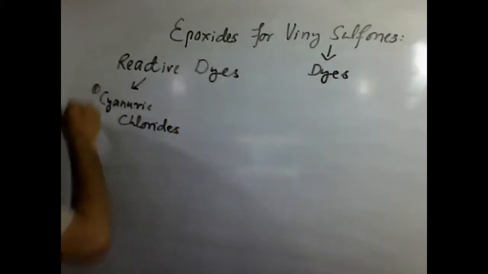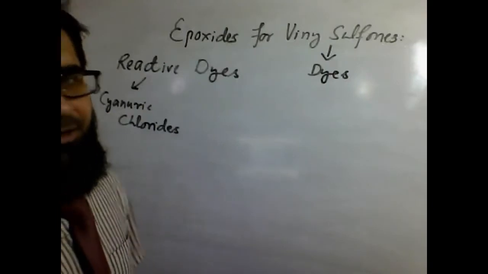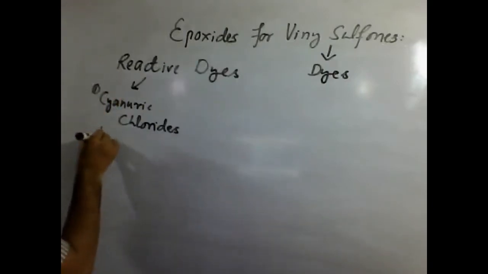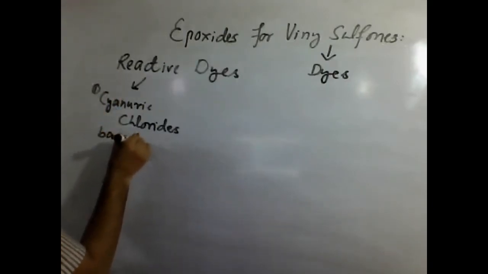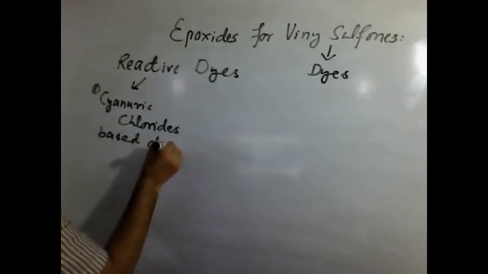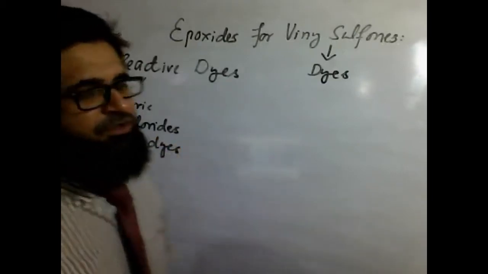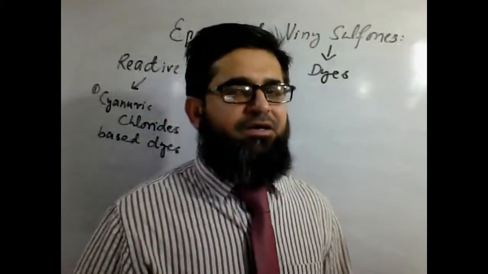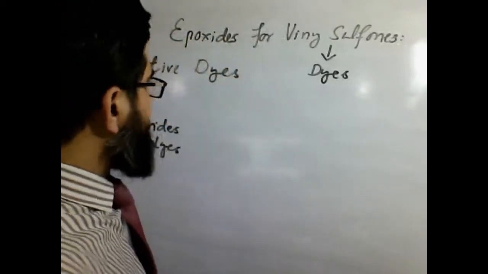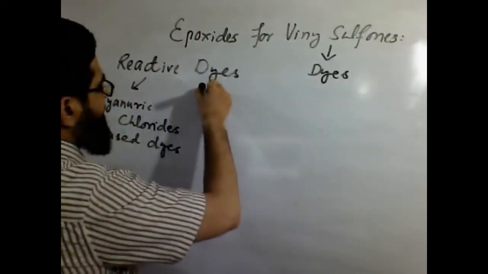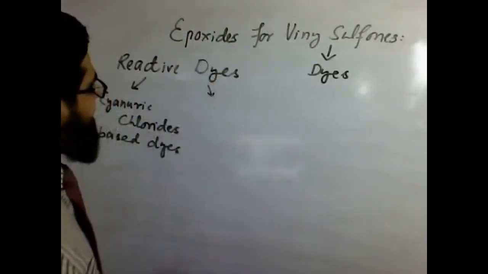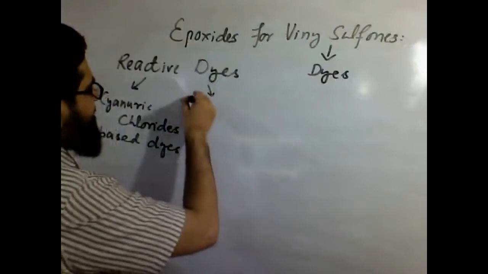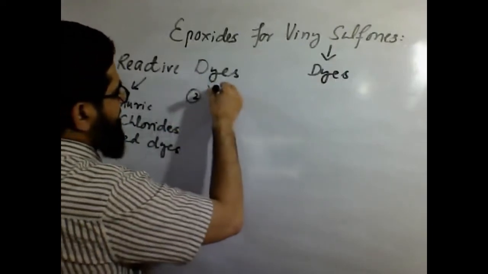The first ones are called cyanuric chloride based dyes, meaning reactive dyes which carry cyanuric chloride as a linker. What is a linker? I'll give you a brief intro a bit later.